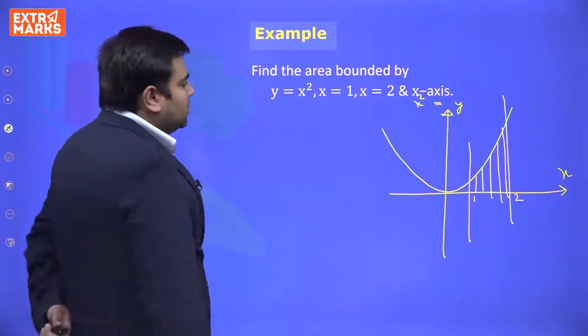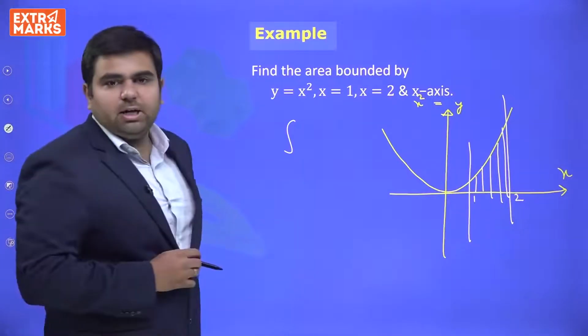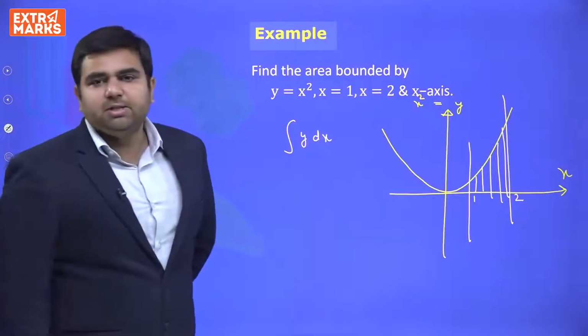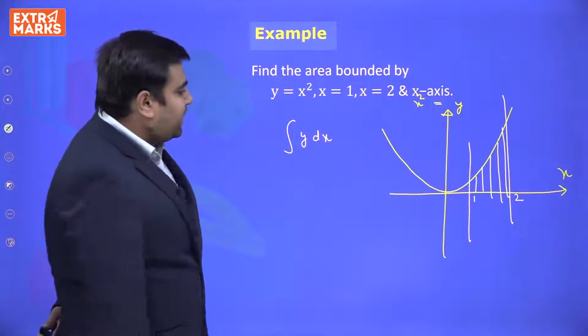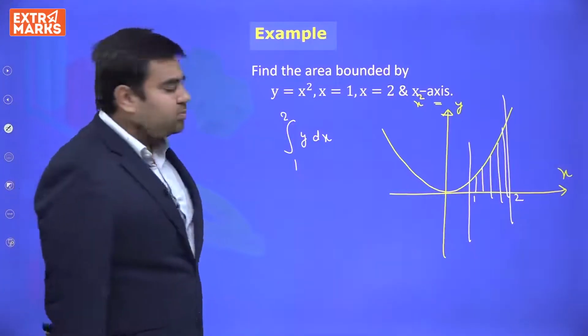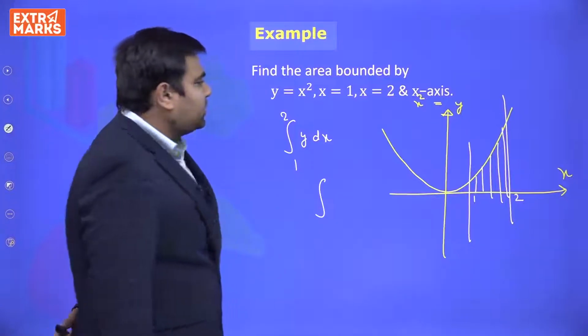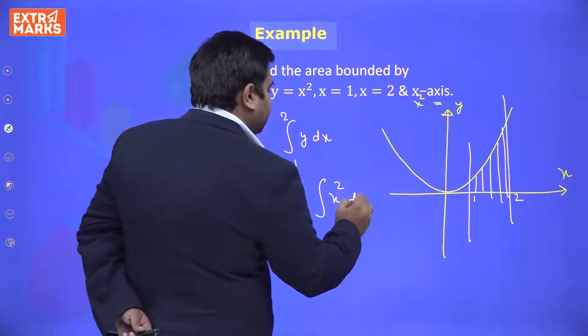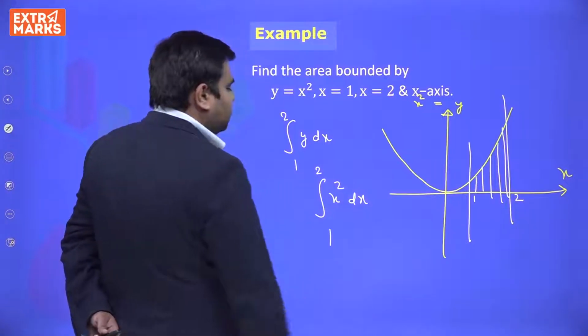So now the area is given as the integral of y dx, particularly from 1 to 2. This is coming out to be the integral of x square dx from 1 to 2.